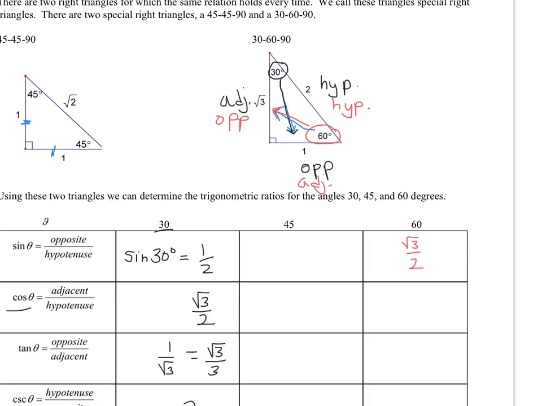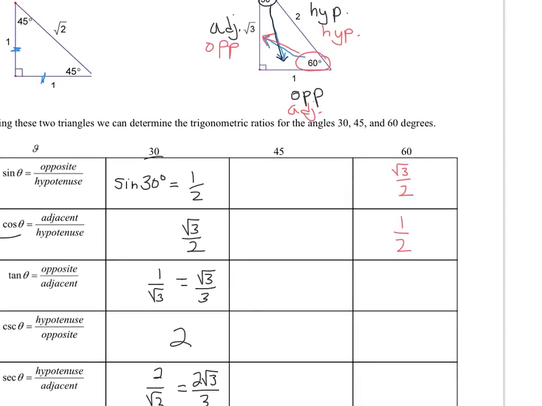So that's what cosine used to be for 30, now it's sine, because we switched opposite and adjacent. So for cosine, adjacent over hypotenuse is going to be 1/2. And for tangent, it is opposite over adjacent, which is square root of 3 over 1, or just square root of 3.